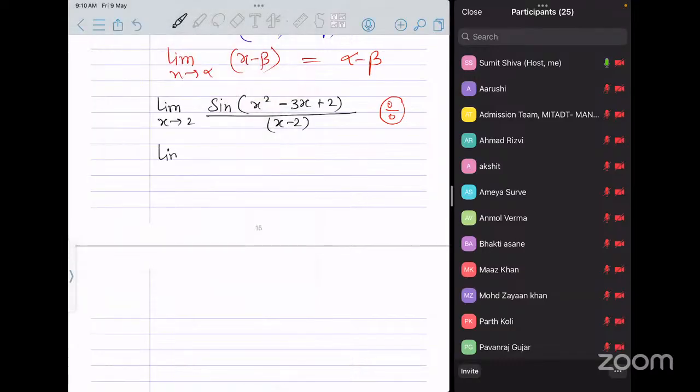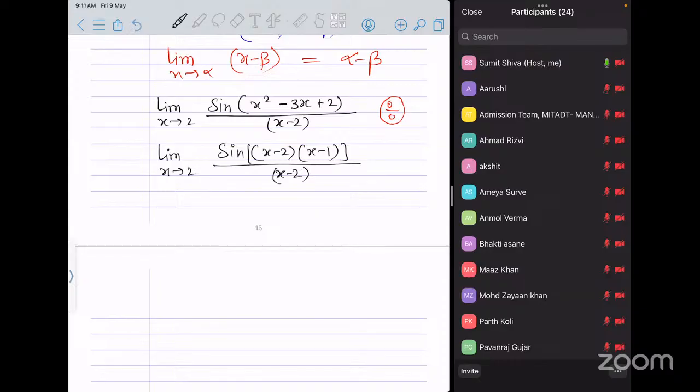So we will rearrange it. Limit x tending to 2, sine of x square minus 3x plus 2. What will be the factors? Factors will be x minus 2 and x minus 1. Am I right? Now, if you look at the argument of sine, it is different and the expression in denominator is different.